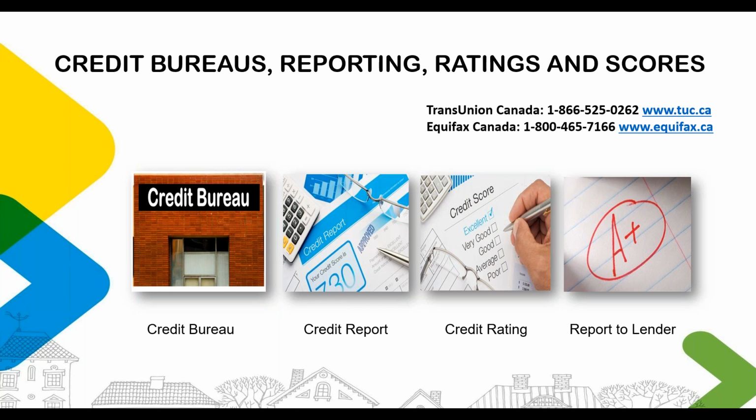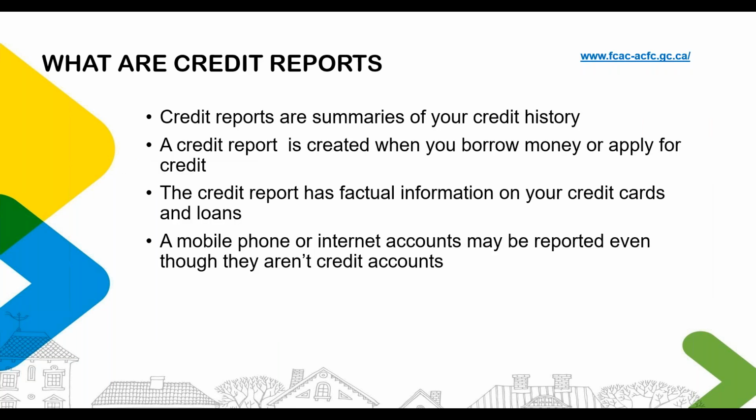So when you begin to establish credit, when you get your credit card or line of credit or overdraft protection, what will generally happen is that the credit bureau will start to collect information on you. They then will create a credit report. The credit report will have a credit rating, and that credit rating will be provided to the creditor that you're seeking to borrow money from.